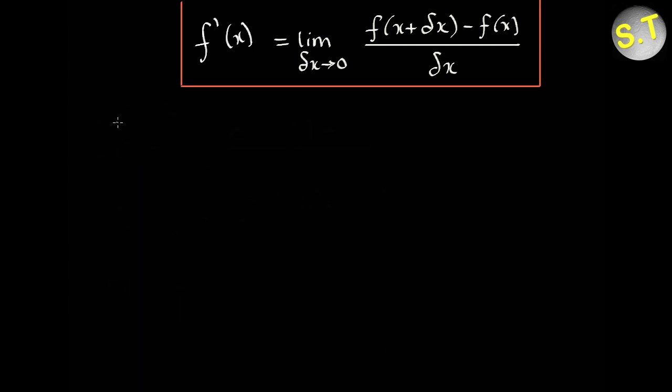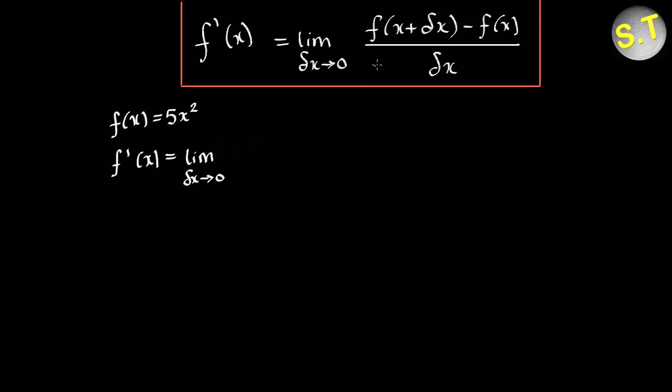So in the next example, we're going to look at f of x is equal to 5x squared. So how do we take the derivative? The function's getting slightly more complicated, but still it's the exact same method. So the first derivative of f of x, or f prime of x, is equal to the limit as delta x approaches 0.